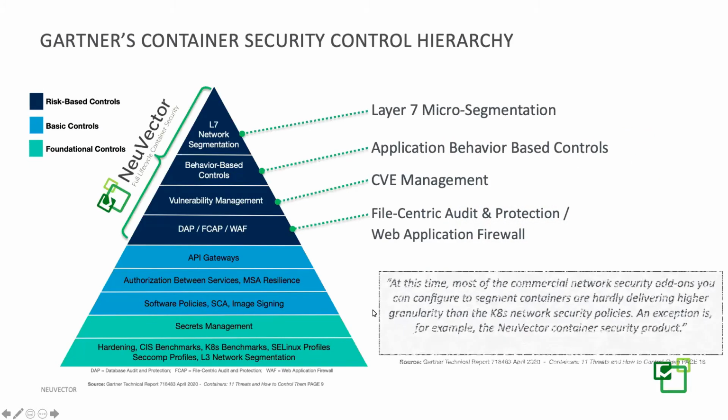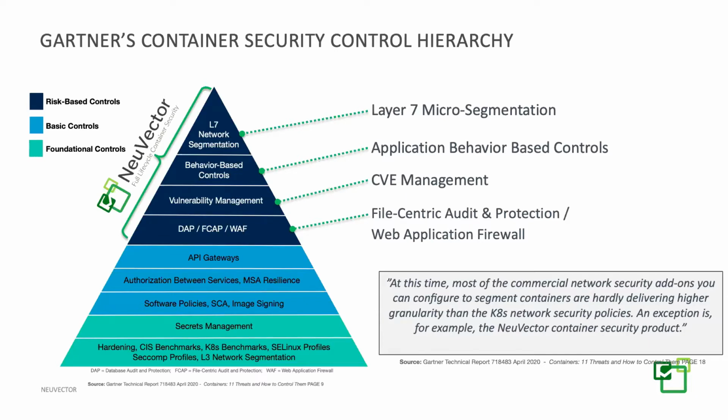So what we're going to cover today is how NeuVector can provide this really critical top layer of defense in depth. And that includes a view of the network for containers, just like you need to be able to protect a network in non-container environments. You need to do that in Kubernetes and containers as well. Application behaviors, you need to be able to monitor and control that.